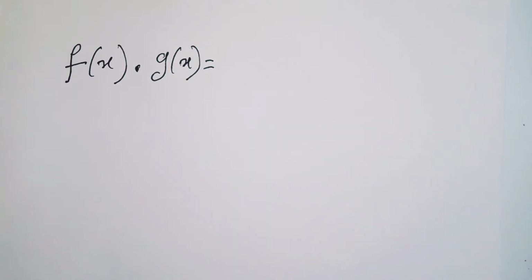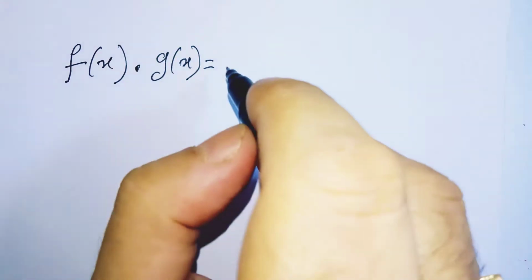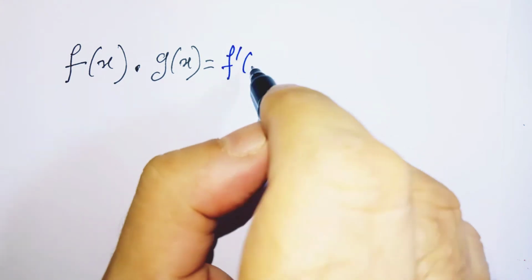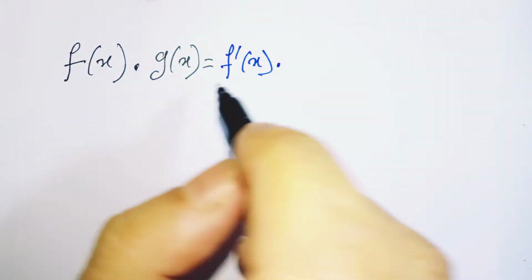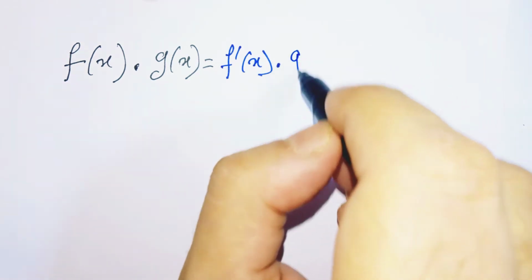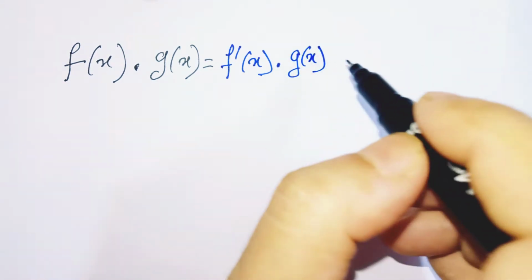We first take the derivative of the first part, so we use the prime notation, f prime of x. Then we put a dot, the multiplication sign, and then the second function, g of x.